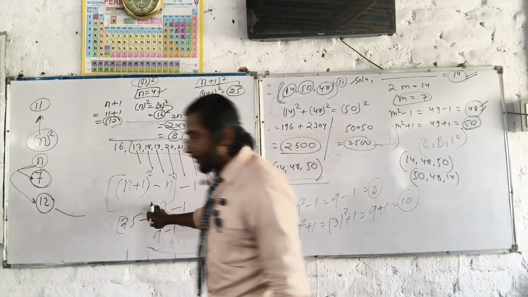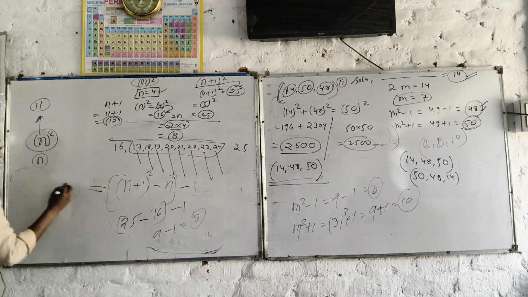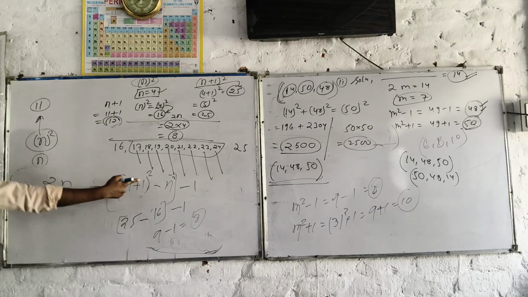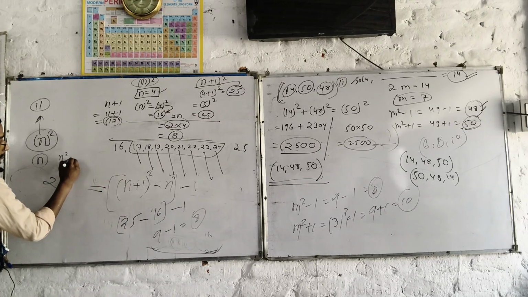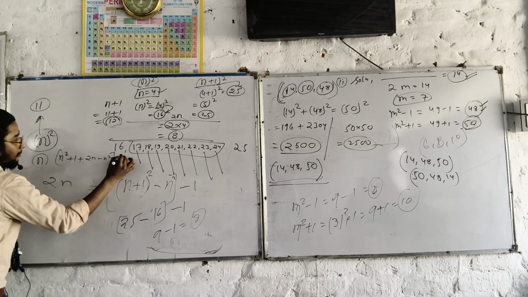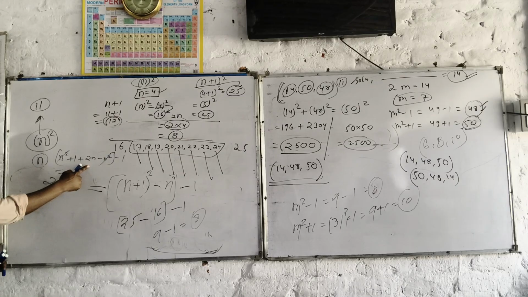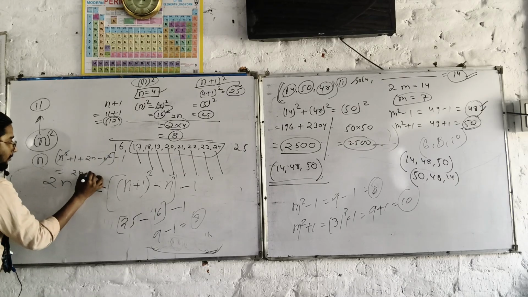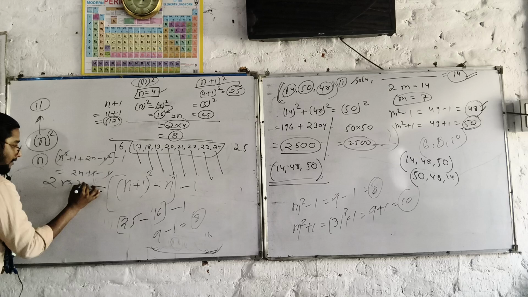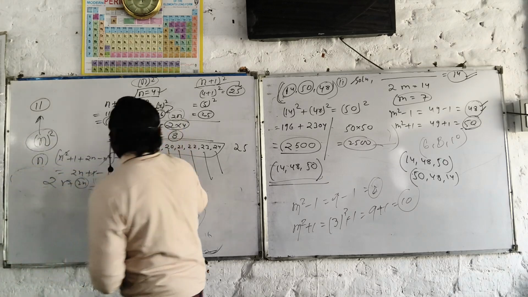Actually, you are deriving the formula, I think. So (n plus 1) whole square, you will get n square plus 1 plus 2n, minus n square minus 1. So n square will be cancelled out, and 2n plus 1 minus 1 will be cancelled out. So here you are getting 2n.